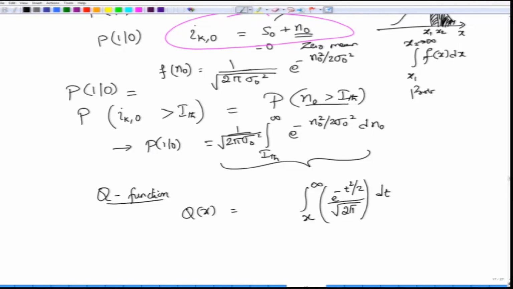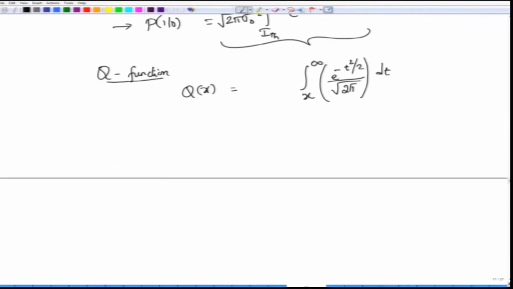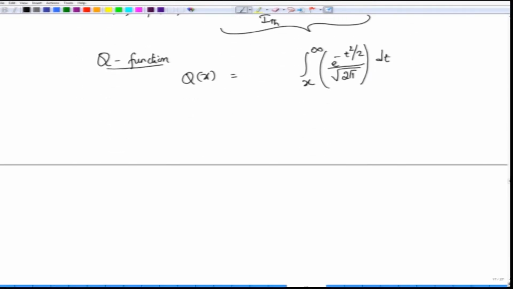If you compare this one with the Gaussian random variable, you will realize that this curve is actually an expression for a probability density function of a Gaussian random variable, okay, that is a random variable which has a Gaussian distribution or Gaussian density function with 0 mean and variance equal to 1. This is called unit variance.